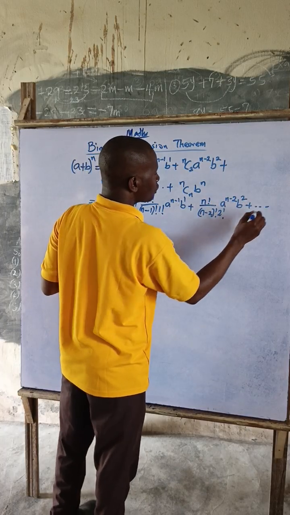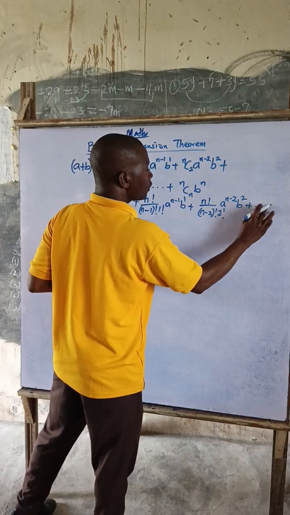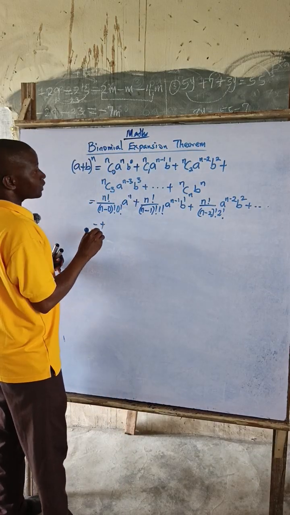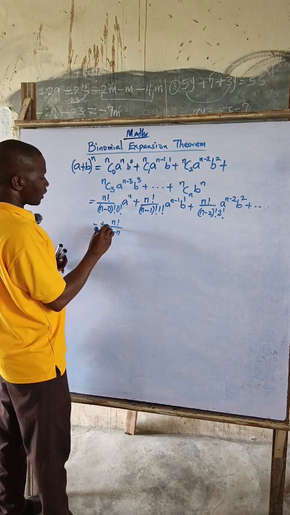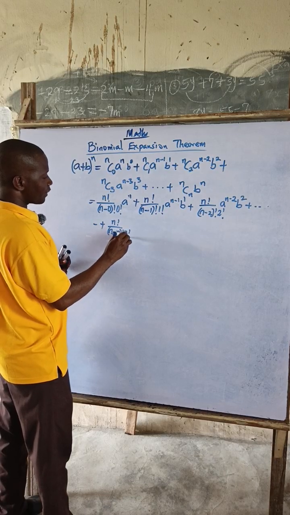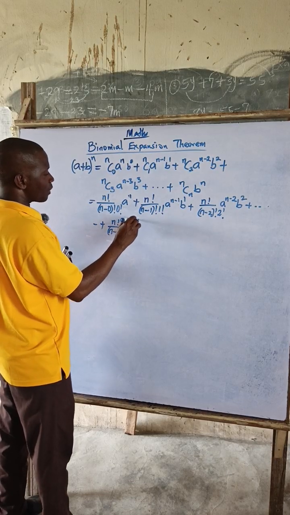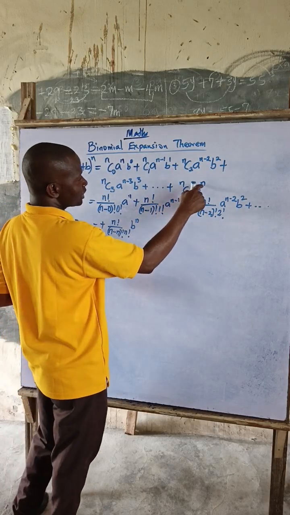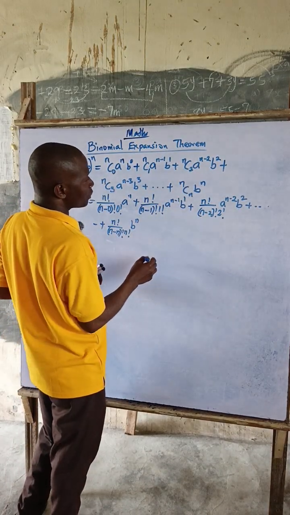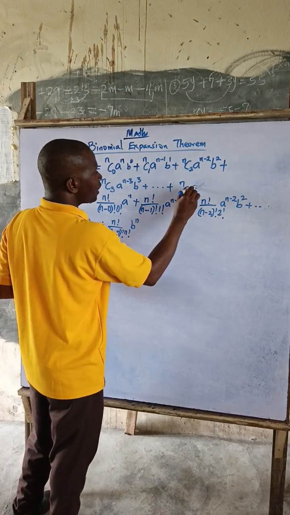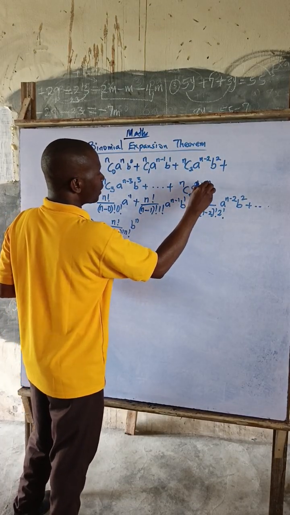Because of time, when you continue, you are going to arrive at n factorial divided by (n minus n) factorial, then n factorial, multiplied by b raised to power n. In this case, b will be raised to power of n, while a will be raised to power of 0. So we have a raised to power 0, b raised to power of n.